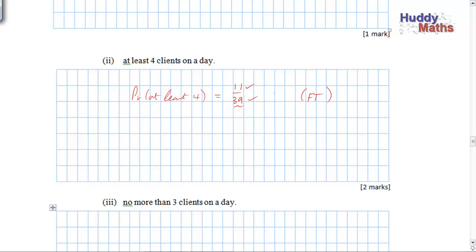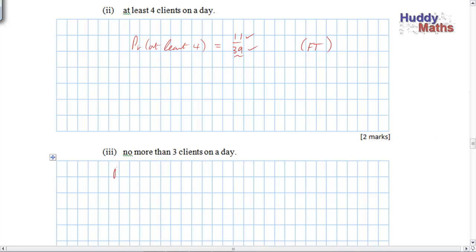No more penalties. No more than 3 clients on a day. Okay, so you could add up 1, 2, 3 clients, no more than. So that's equivalent to 0, 1, 2, but includes 3 because there's no more than 3.